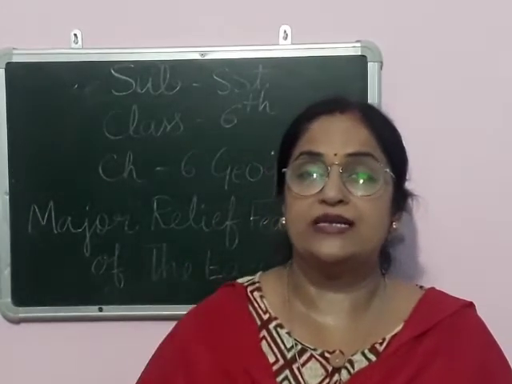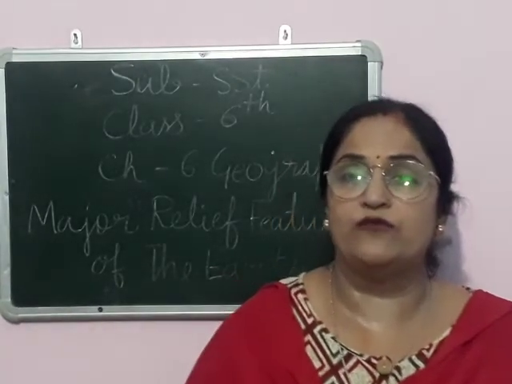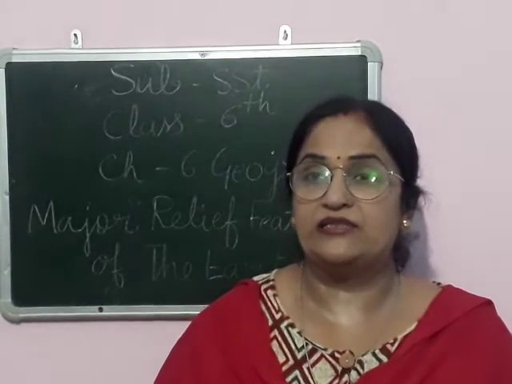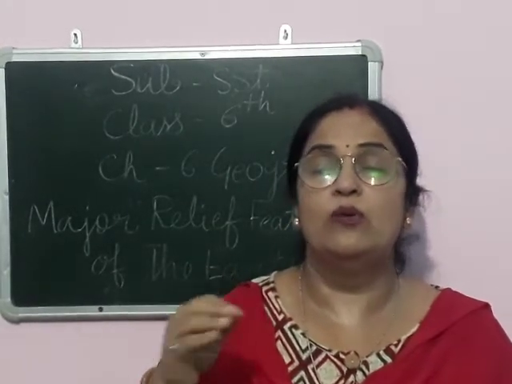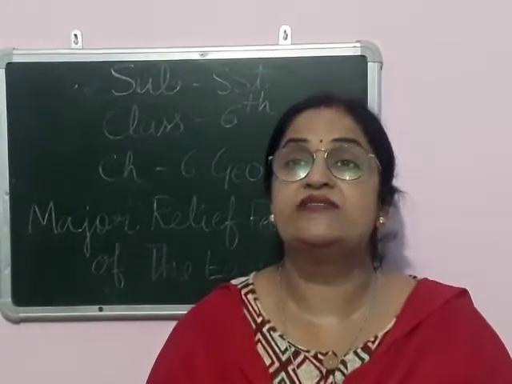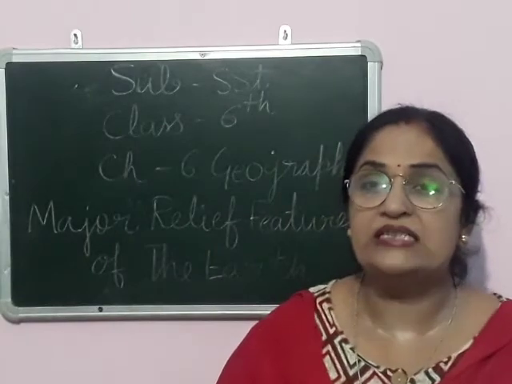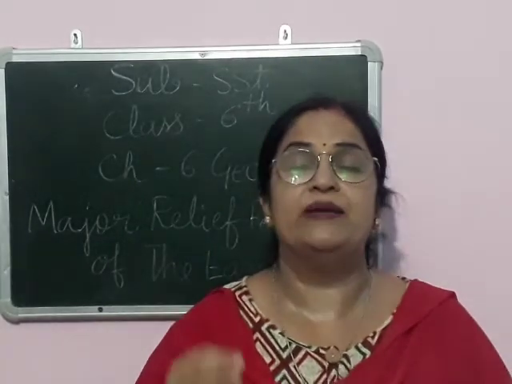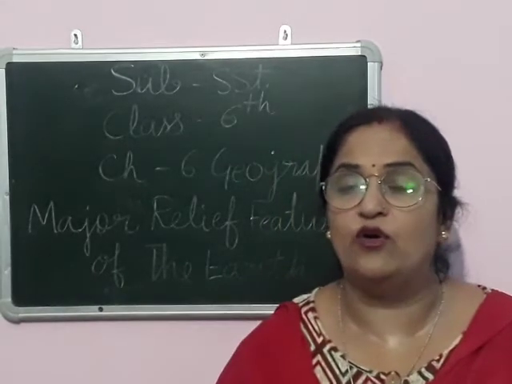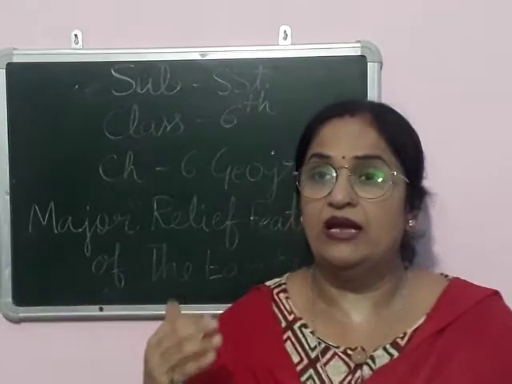On the basis of mode of their formation, plains are classified into many types. Right. Number one is structural plains. What are structural plains? These plains are formed when part of the sea floor or continental shelf is uplifted.